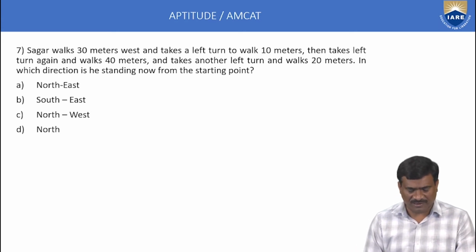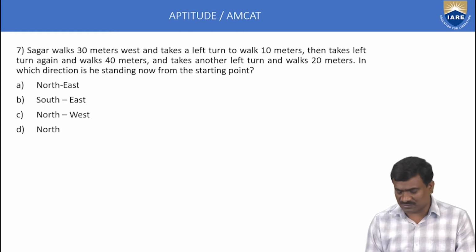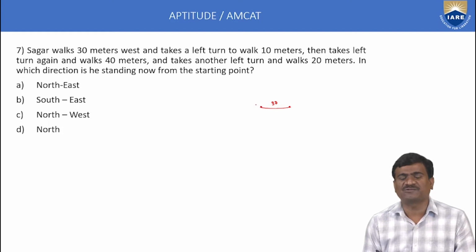Seventh example. Sagar walks 30 meters west. Suppose this is the starting point. This is the west direction using the diagram, 30 meters. Here we only need to find left and right. The second statement: he turns left and walks 10 meters.